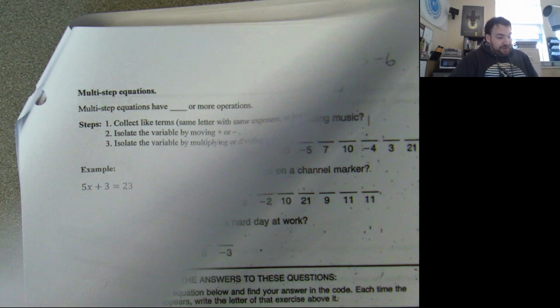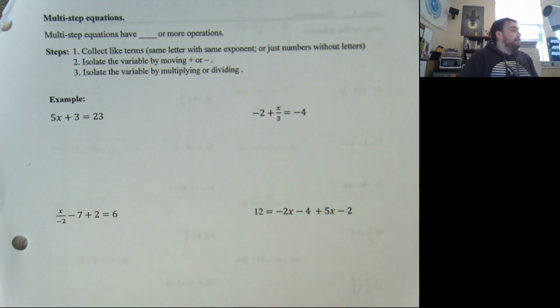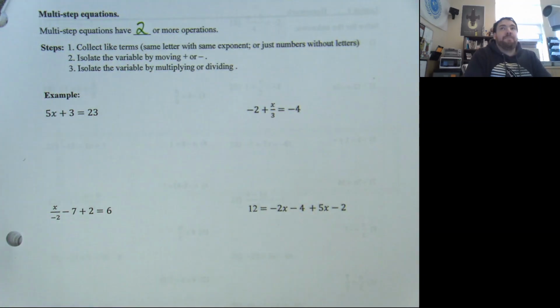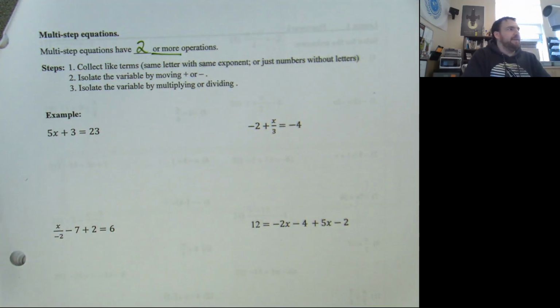Some of you came in tutorial looking for more practice. Get it now. Here we go. Multi-step equations. We'll keep them relatively easy to start with, and then they'll get more interesting in a little bit. Multi-step equations have 2 or more operations. The or more is the part that should scare you a little bit.